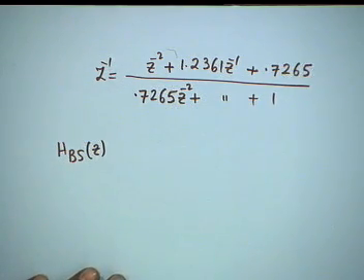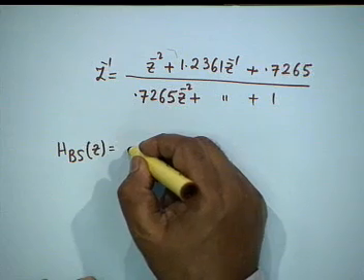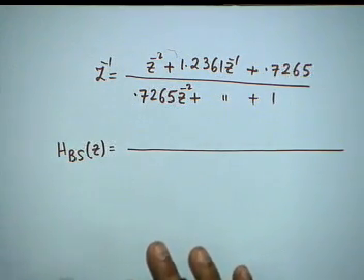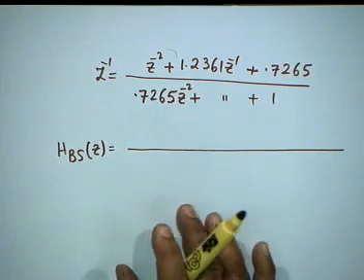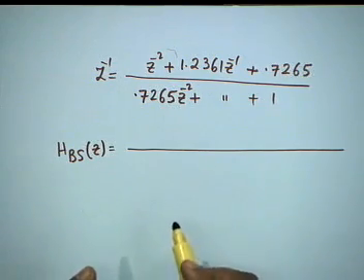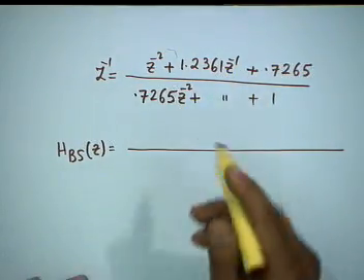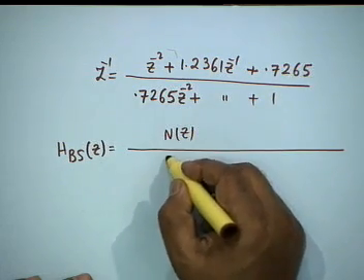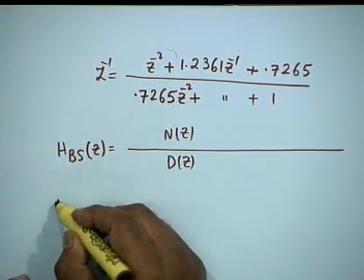And the transfer function of the band stop filter, when you put this in the low pass prototype, you get, unfortunately you do not get 1 plus z to the minus 2 or 1 minus z to the minus 2, because the focus is now on the stop band rejection, and we call this N of z by D of z. It is a long number.